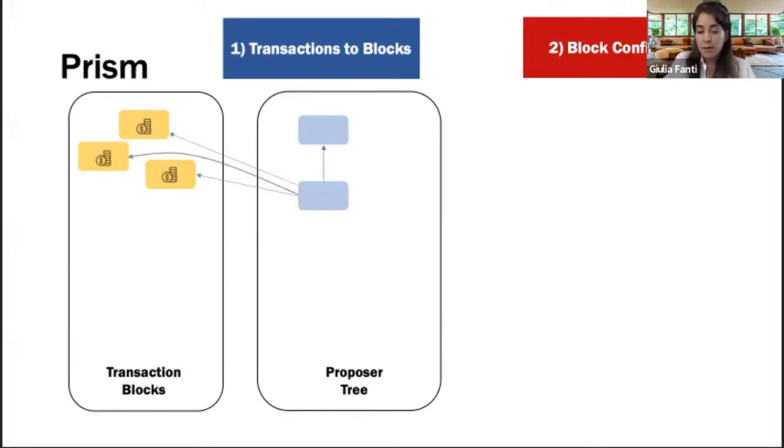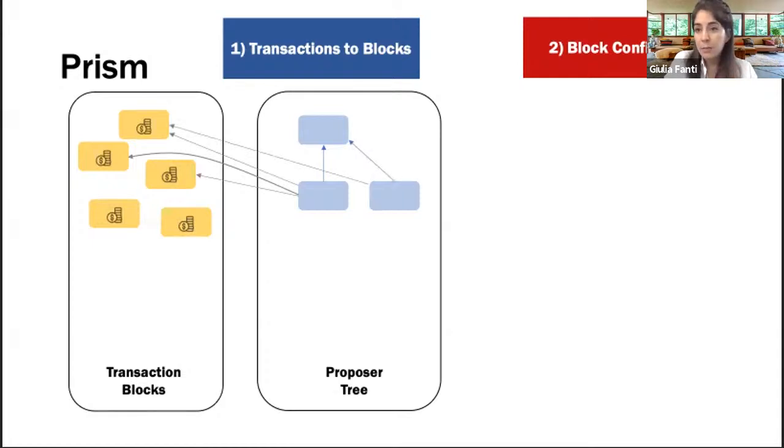The second type of block that we have is called proposer blocks. And these are built up in what's called the proposer tree. So here, the proposer tree is basically its own separate blockchain, where each block is pointing to one parent in the proposer tree and to some subset of these transaction blocks. And the pointers to the transaction blocks are really just saying, okay, I believe this is a valid transaction.